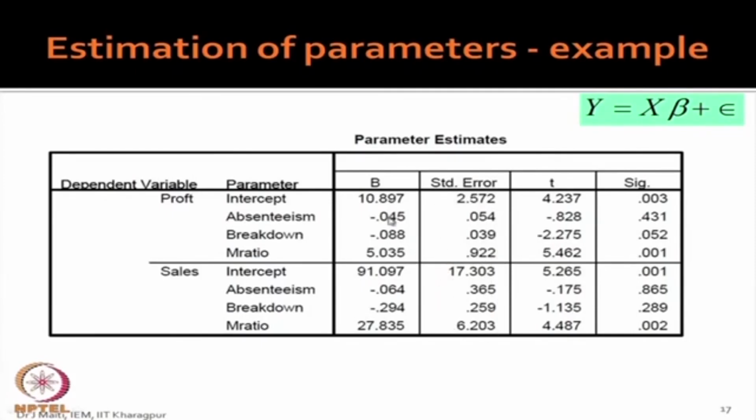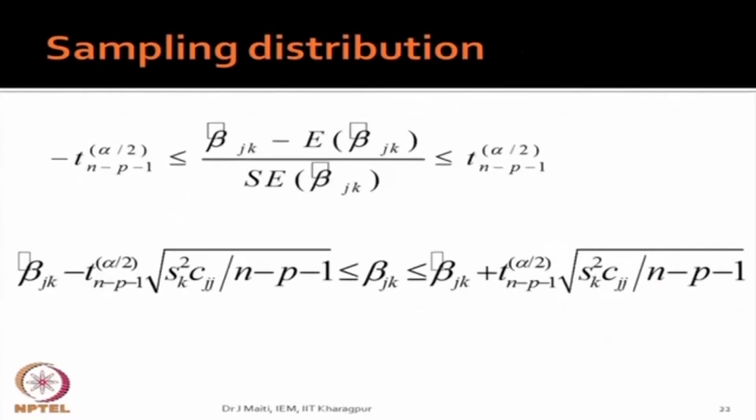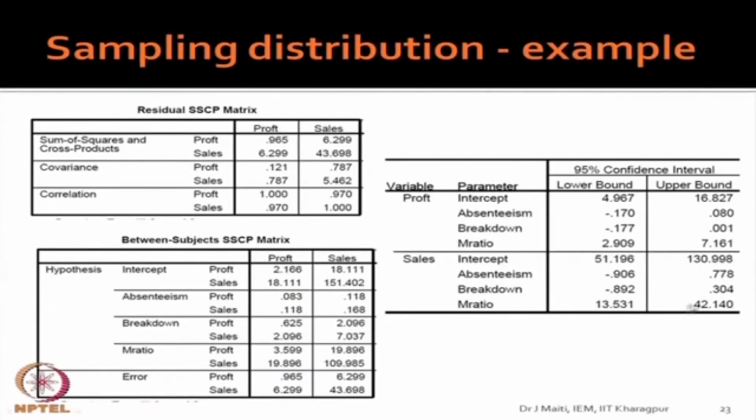Now, once you know beta as well as its standard error, you are in a position to find out the confidence interval. Here, instead of the confidence interval, the significance level is given, as H0 is framed that beta equals 0. But it is also possible to find the confidence interval.